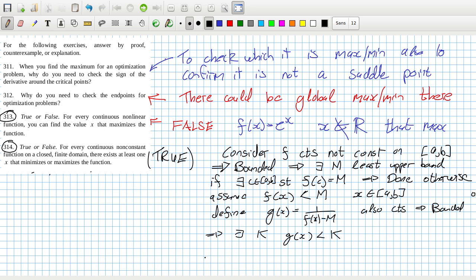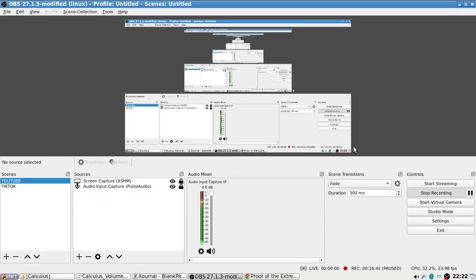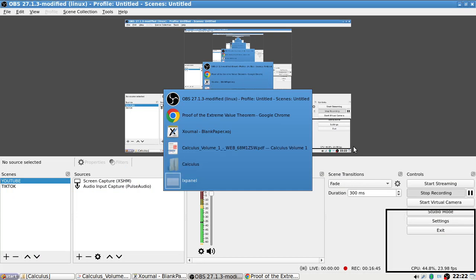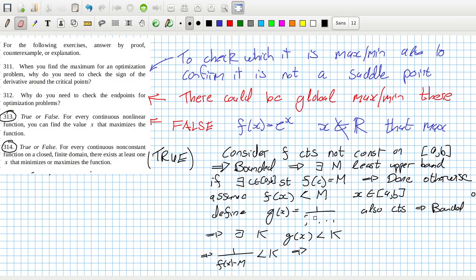So that means, I think if I'm doing this correctly, 1 over (f(x) minus M) is less than k, which means, oh, do I want to say M minus f(x)? Yeah, actually I realize I do, because I want to keep it positive. So I'll put it the other way around, M minus f(x). So that stays positive then.